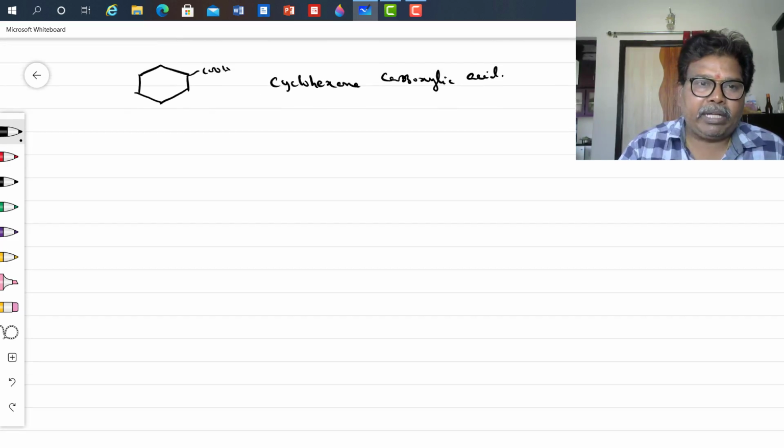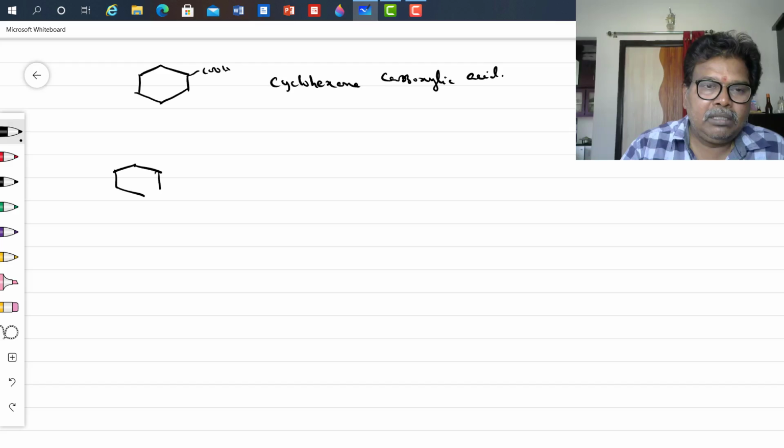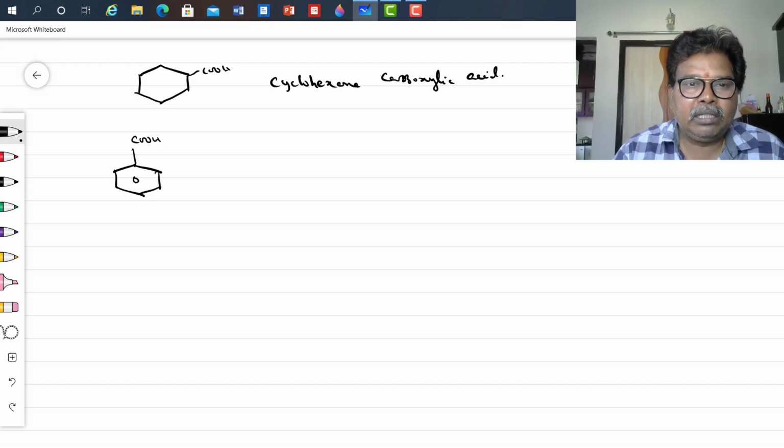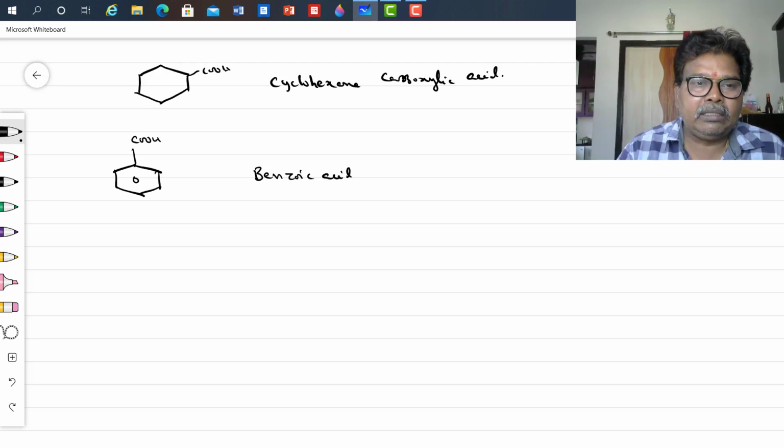In case of aromatic acids, benzene, if one of the hydrogen atoms is replaced by a COOH group, then it is called benzoic acid.